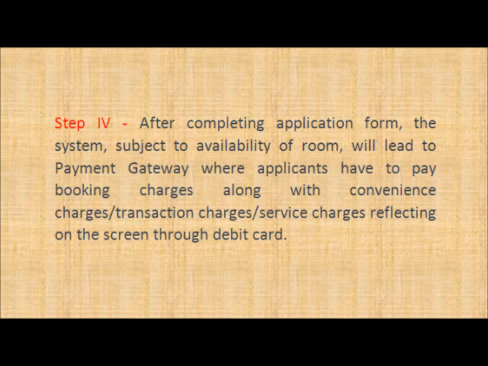Step 4. After completing the application form, the system, subject to availability of room, will lead to the payment gateway where applicants have to pay booking charges along with convenience charges, transaction charges, service charges reflecting on the screen through debit card.